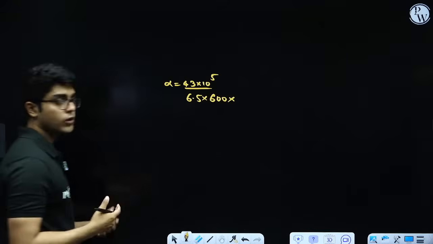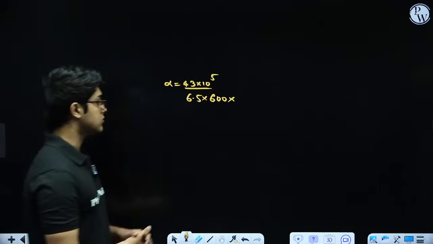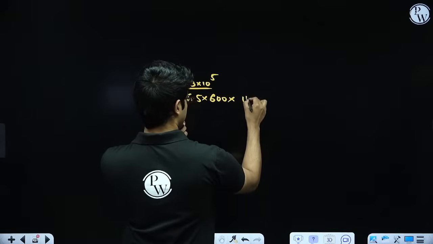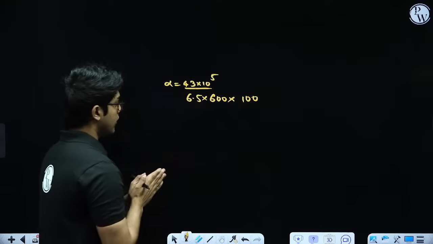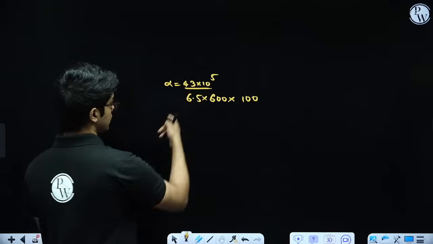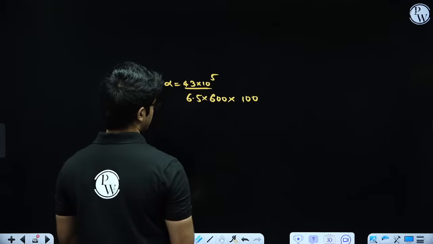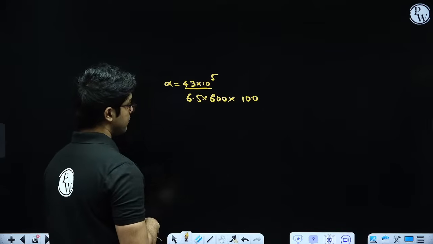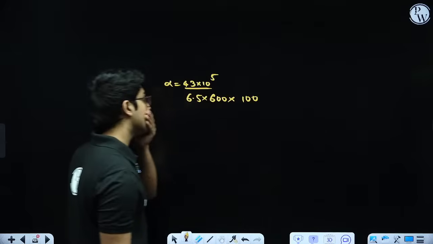R we took to be 10 centimeters, so r square will be 100. If everything is correct, this should be the torque divided by 6.5 mr square.